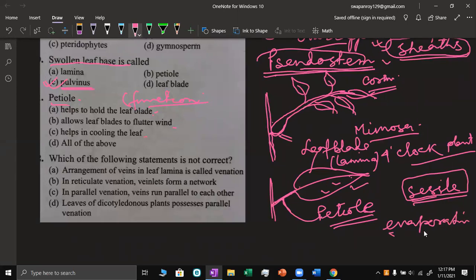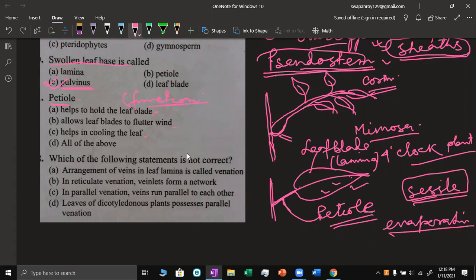When evaporation takes place, the liquid water changes into vapor, and it takes along some of the heat energy. So when transpiration is taking place, some heat is released, and that helps the leaf reduce its temperature.